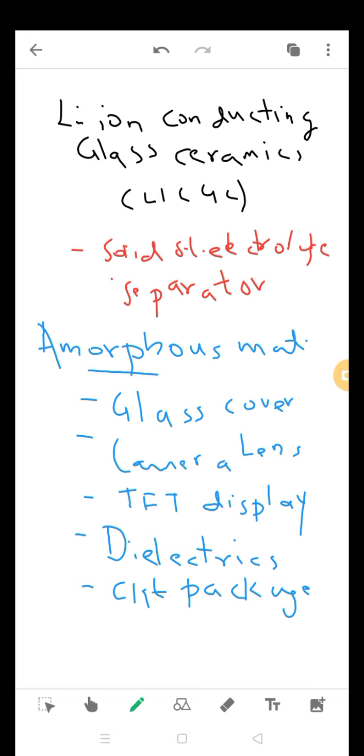And these are the normal uses. There are some extraordinary uses of amorphous materials.